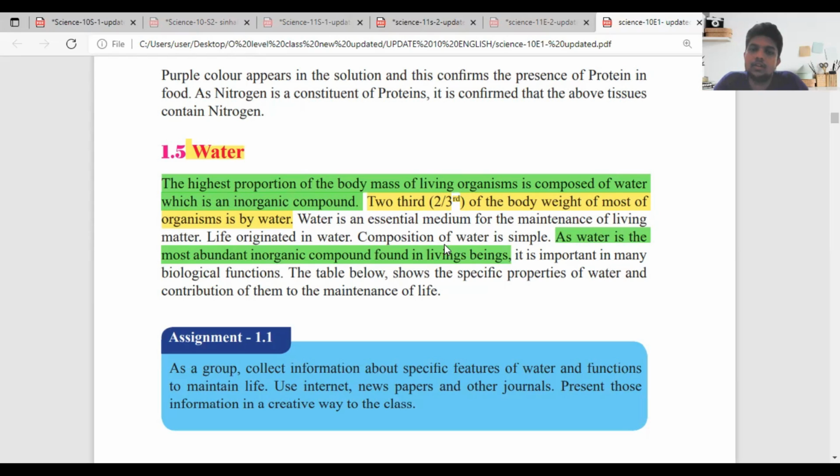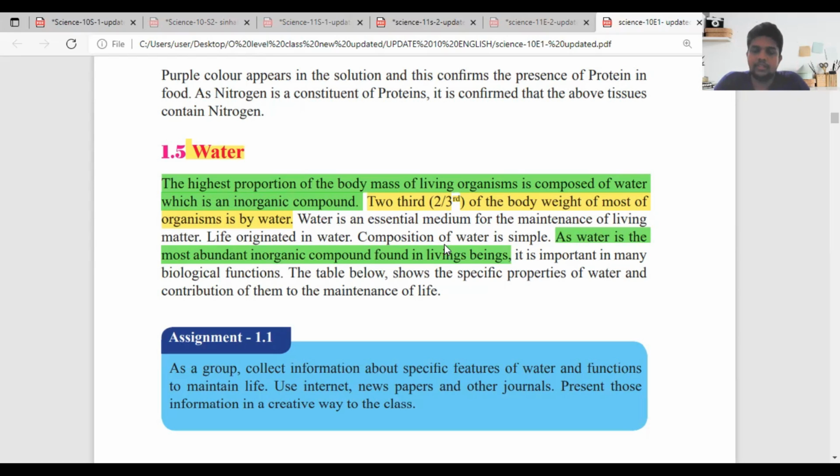The 2/3 of the body weight of most organisms, sir, is water. Yes, tell me. Sir, the second point I can't clearly understand. It is just like this.